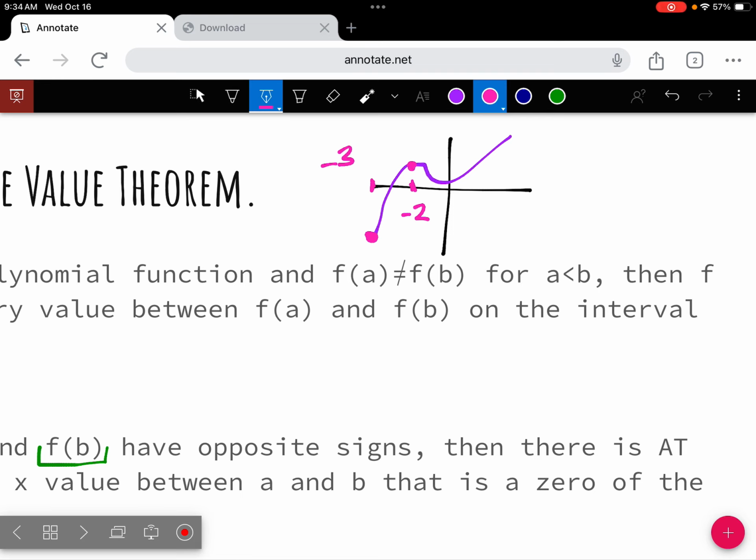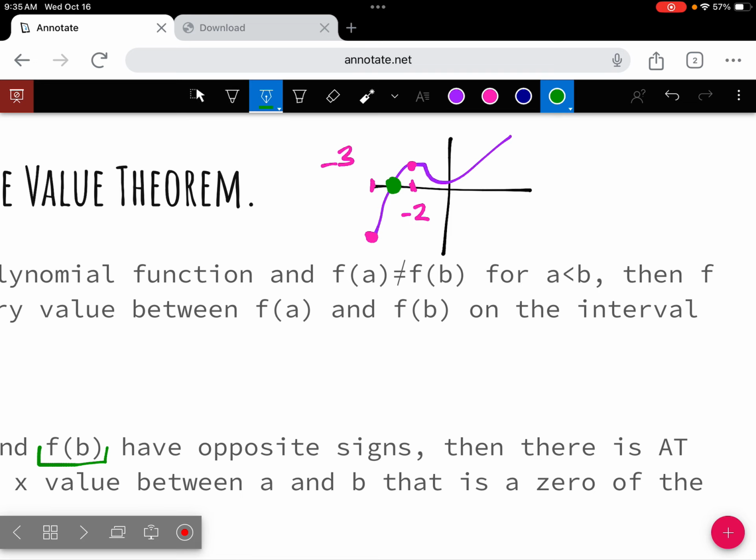Since f of -3 is negative, and f of -2 is positive, somewhere between -3 and -2, I have a root. That's what we're trying to prove. Trying to say that I know this guy has to exist. It might be decimally and gross, but this point exists. And that's what we're going to work with.